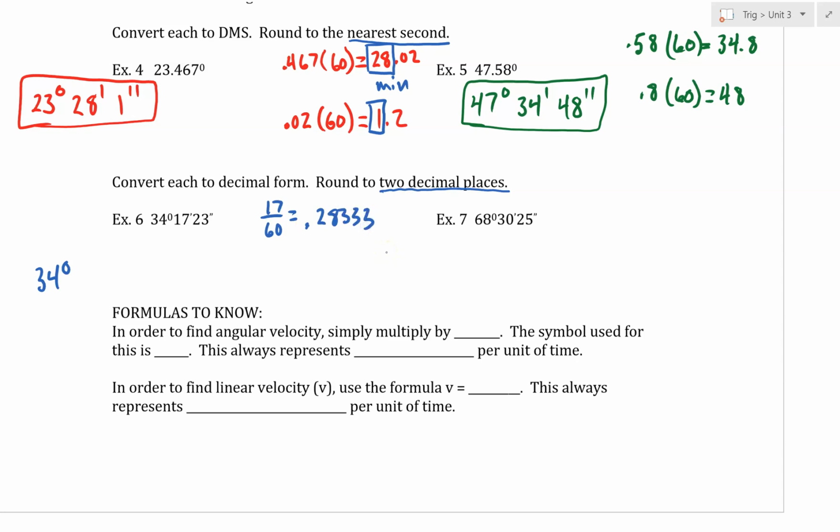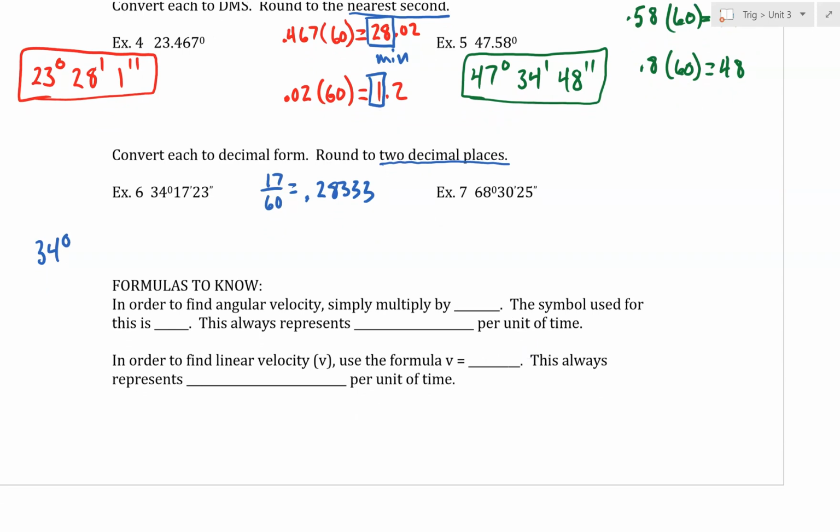And then you need to take the other part of this thing, the seconds, 23, and you need to now divide by 3,600, because remember it's 60 and 60 again for minutes and then seconds, 3,600. That's going to give you an answer of 0.00638. And then you're going to take those two numbers and you're going to add them together.